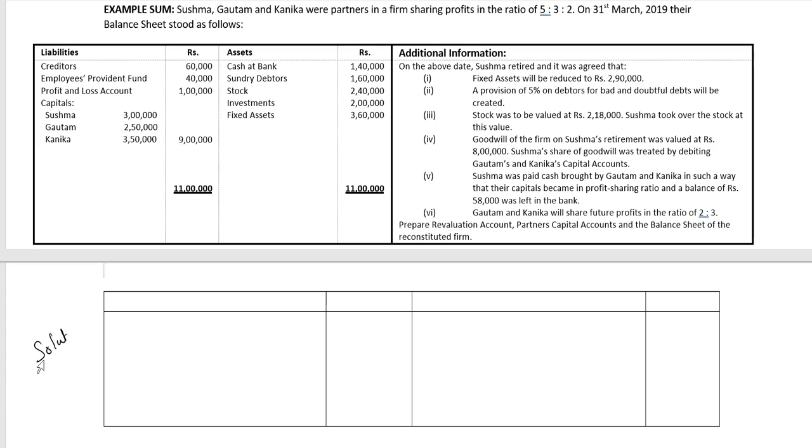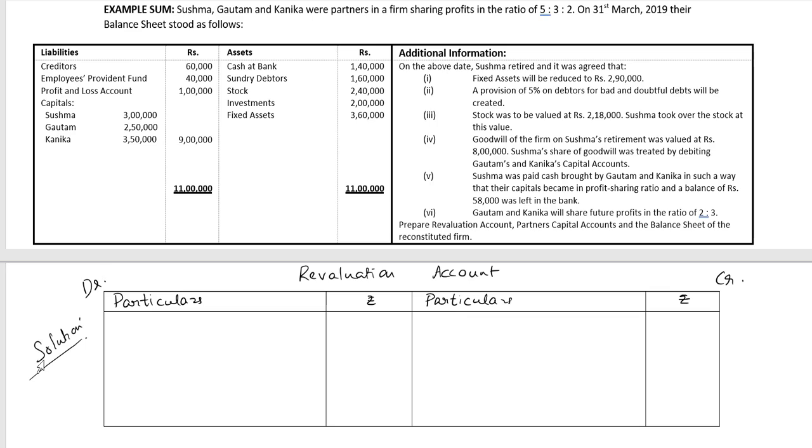Solution. Revaluation account. Left side debit and right side credit. We have particulars, rupees, particulars, rupees.